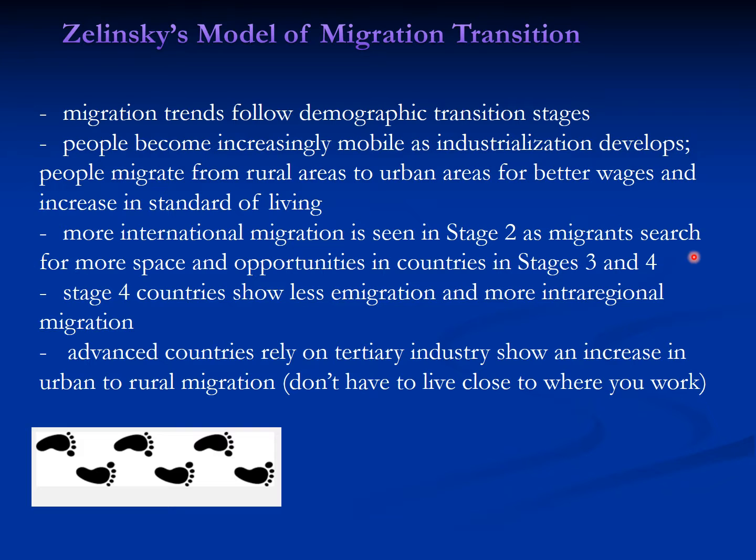More international migration is seen in stage 2, as migrants search for more space and opportunities in countries in stages 3 and 4. Stage 4 countries show less emigration and more intra-regional migration. Advanced countries rely on tertiary industry, so show an increase in urban to rural migration. They don't have to live close to where they work.